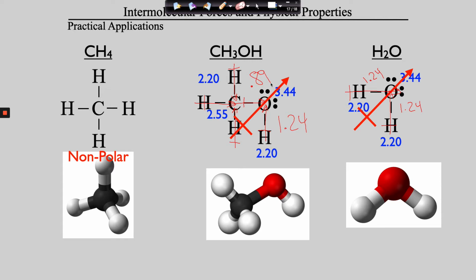Now, guys, here's the big idea. The more polar the bonds, the more polar the molecule. So let's look. Here we have a polarity of 1.24. Here we have a polarity of 1.24. Here we have a polarity of 1.24. Here we have a polarity of 0.89. So which one is going to be more polar, the water or the methanol? Why the water? Because its bonds are more polar.